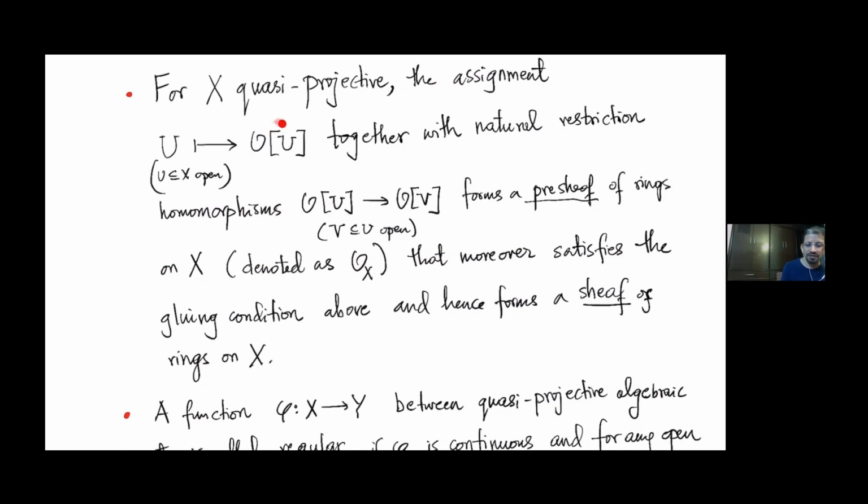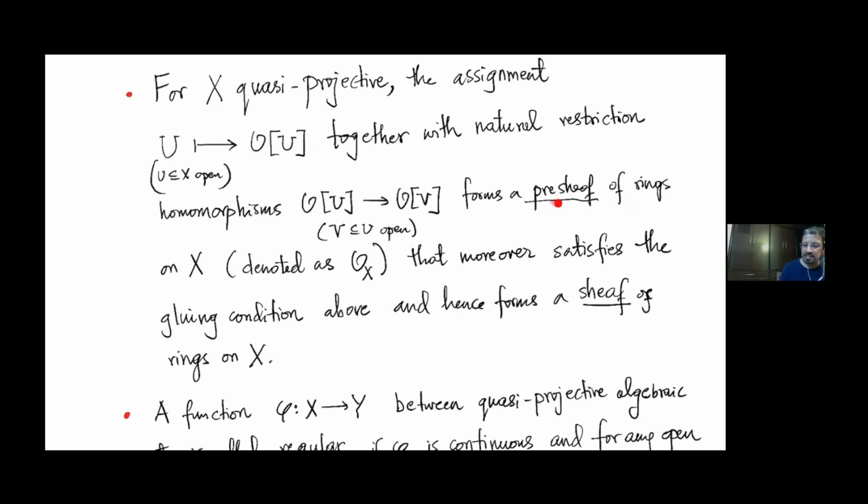Any regular function on U restricts to a regular function on V. So I have this restriction homomorphism. This assignment is functorial, and in fancy language it's called a presheaf. Since I'm assigning a ring to each open set, it's called a presheaf of rings. This is what we deal with quite often.